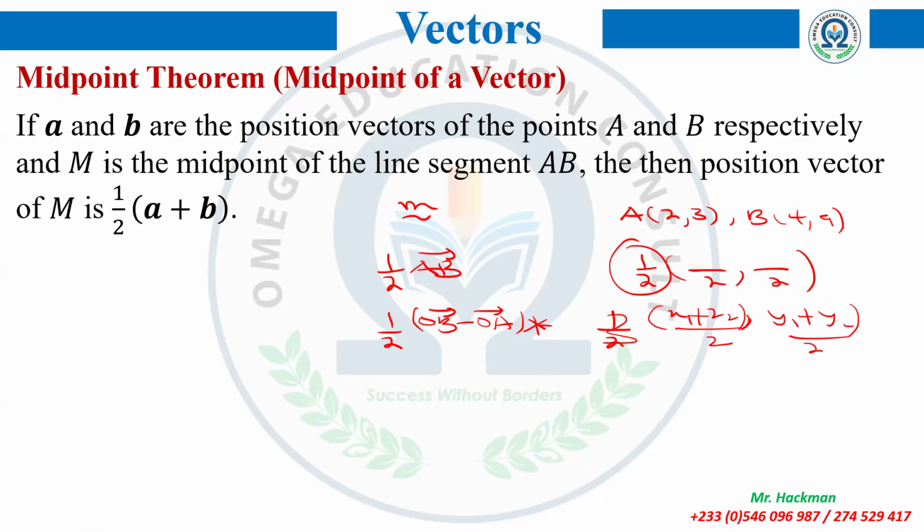Sir, I'm confused because... Okay, don't be. By now you should know. If you have OA, what's the special notation for OA? A tilde. Okay, and A tilde is when you are writing it.